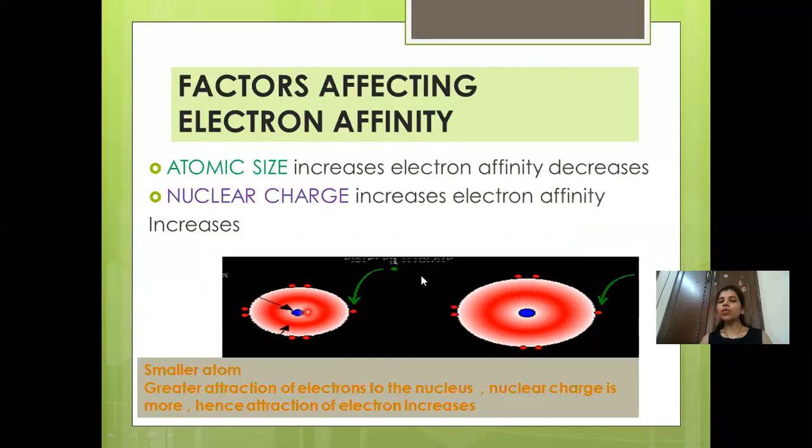So the more the nuclear pull, the more readily it will accept the electron, and in this case the nuclear pull is less as it is away from the nucleus, so it will accept the electron less readily. Hence, the smaller the atomic radii, the greater is the electron affinity, as it is inversely proportional. Atomic size increases, electron affinity decreases, so it is inversely proportional, remember this.